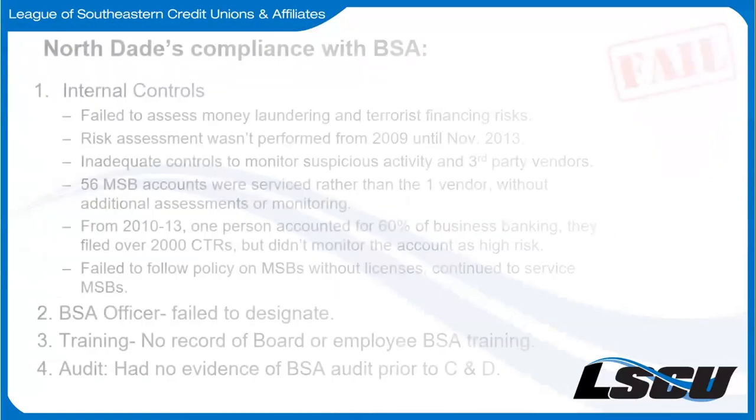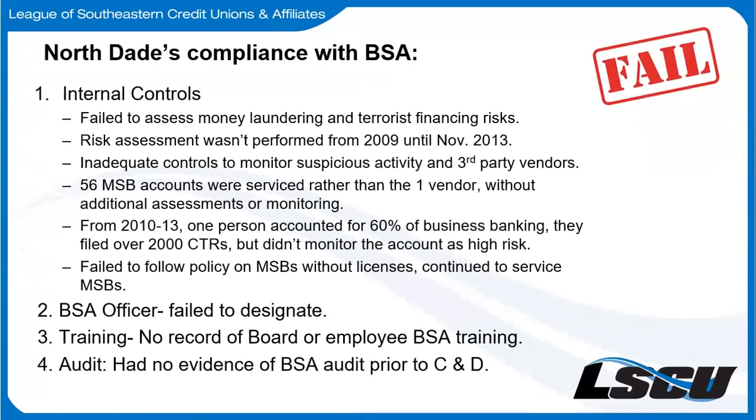So to look at their BSA actions in the same order of our pillars of compliance that we've reviewed today, under internal controls, they did not assess their money laundering risk, nor did they perform a risk assessment for almost 4 years. They also had inadequate controls for their level of third-party vendor relationships and had over 56 of those money service business accounts.